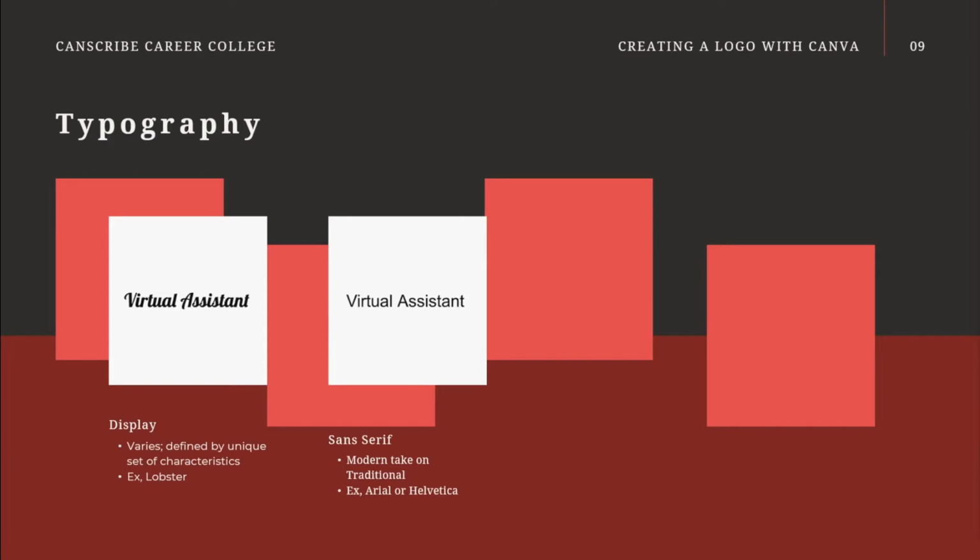The second one is sans serif. This text is a more modern take on the traditional serif fonts, and it's a lot smoother in appearance because it's got no anchors on the end of the letters. An example of that font is Arial or Helvetica, and Arial is the one that is pictured on the screen.